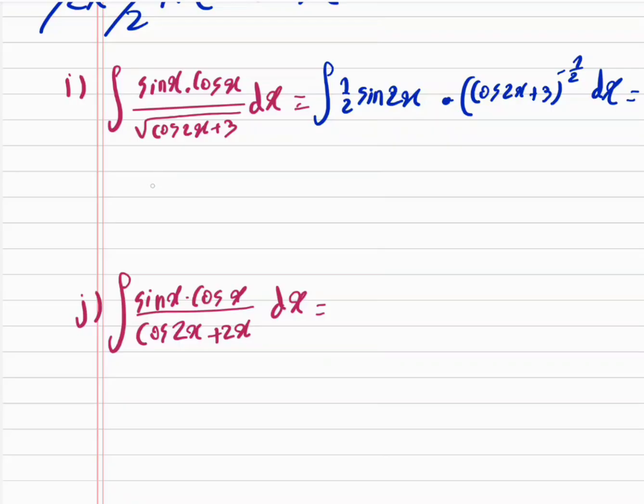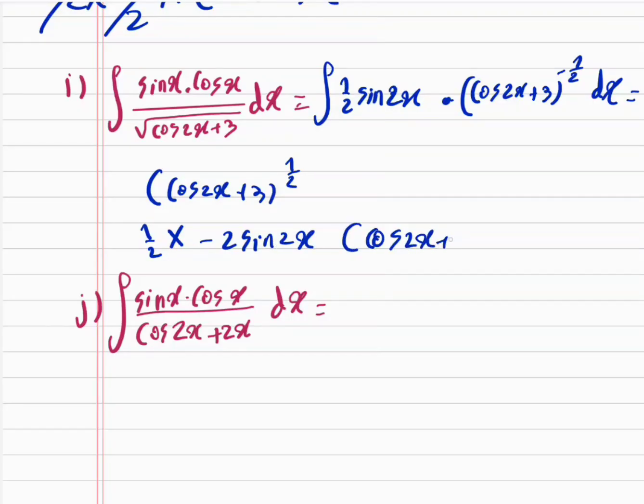So the first educated guess here is cos 2x plus 3 to the power of a half. So when we differentiate this, we'll have a half times, now cos 2x differentiates to minus 2 sin 2x, and then we have the bracket, but with the half minus 1, which becomes minus half.